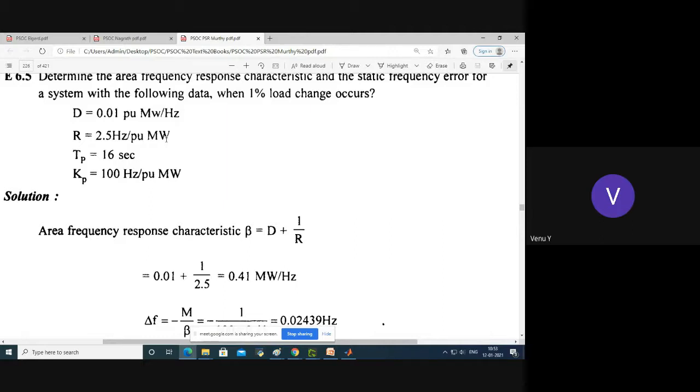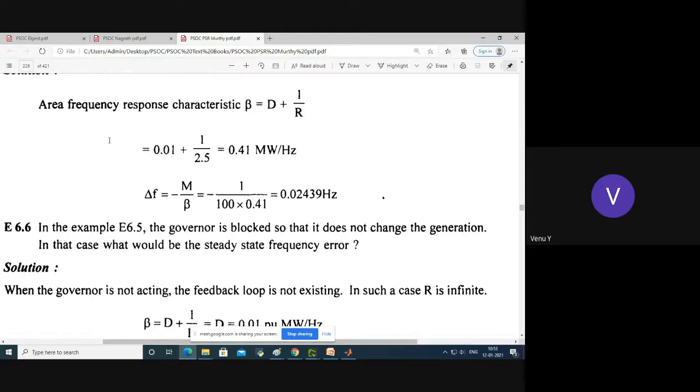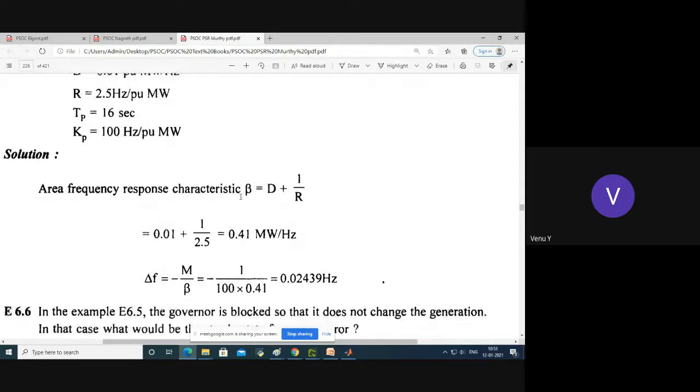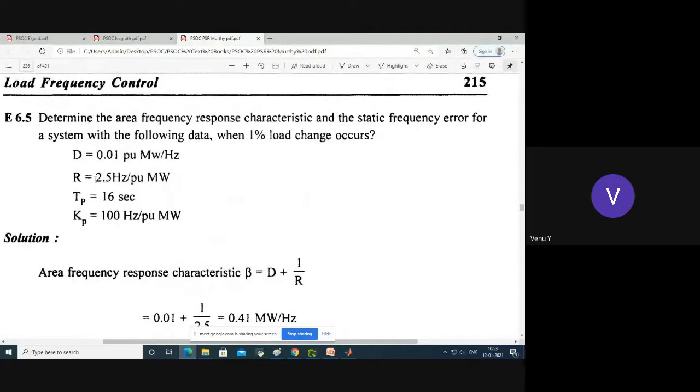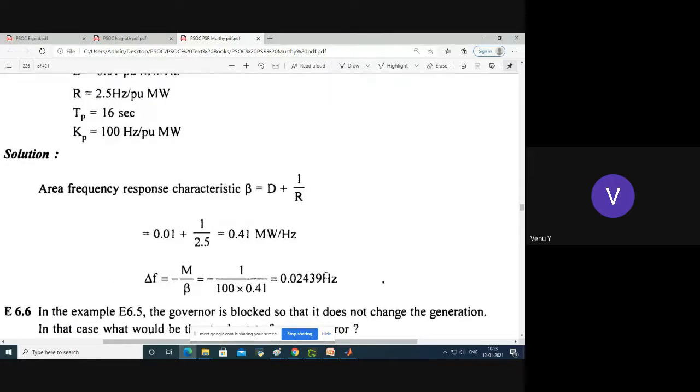Simply, you can write 0.01 into 2.5, 0.025 hertz. So you need not calculate the entire thing. Very simply you can write 2.5 into 0.01, 0.025 hertz.